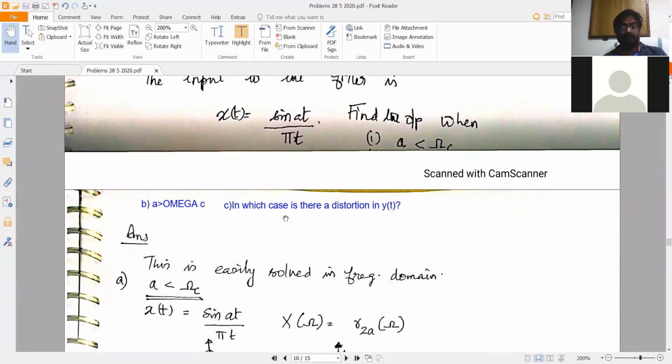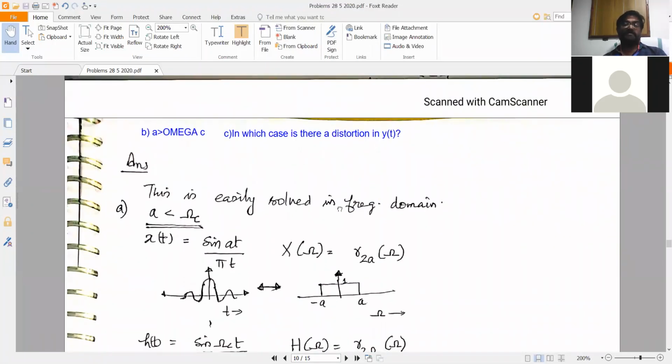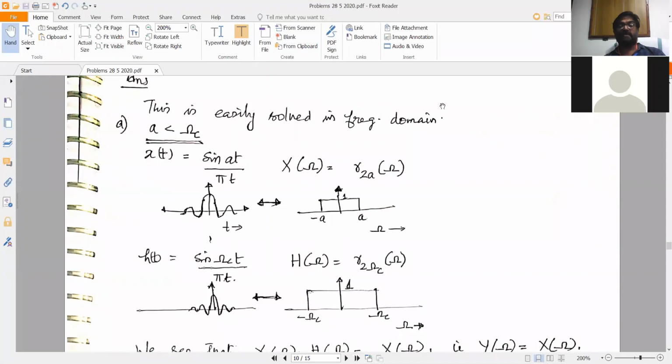And in the C part, you are asked to find in which case you have distortion in y of t. This is very easily solved in the frequency domain.